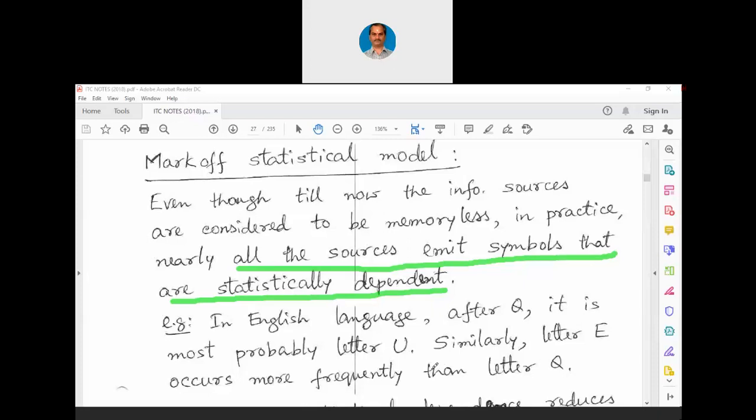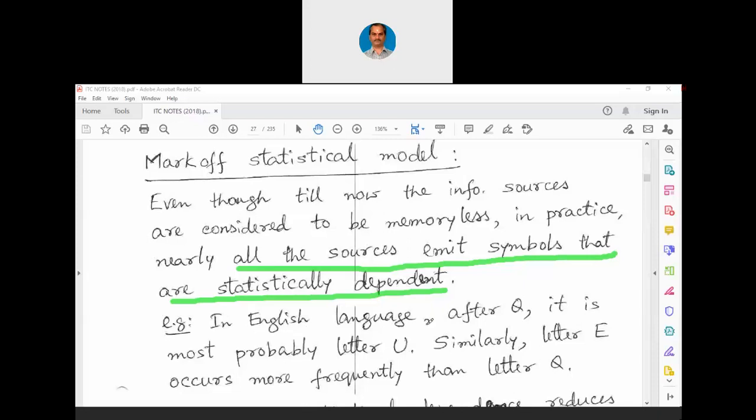Similarly, letter E occurs more frequently than letter Q. This is another example where, out of the 5 vowels A, E, I, O, U, even though U occurs after Q, in the whole of the English language, E occurs more number of times than Q. Just look at this sentence itself.